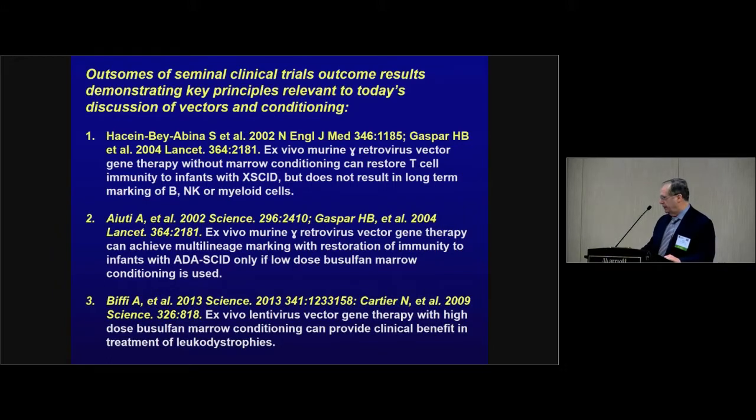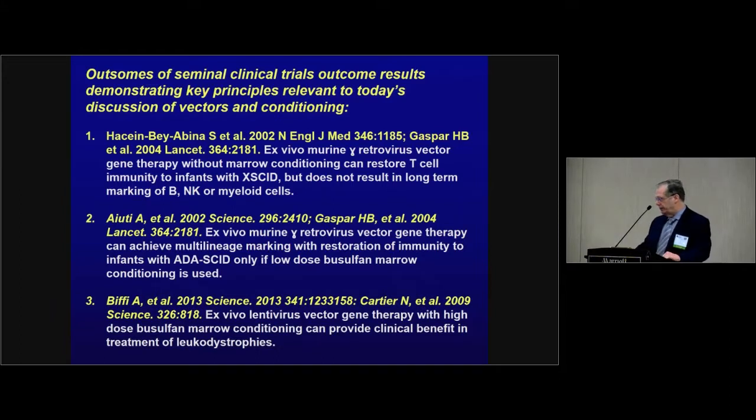So in 2002 and 2004, we had a tremendous breakthrough in the use of ex vivo murine gamma retrovirus vector gene therapy without any conditioning, and that was shown to restore immunity to infants with XSCID, but long-term follow-up of these patients shows that it does not result in long-term marking of B, NK, or myeloid cells since there was no conditioning.